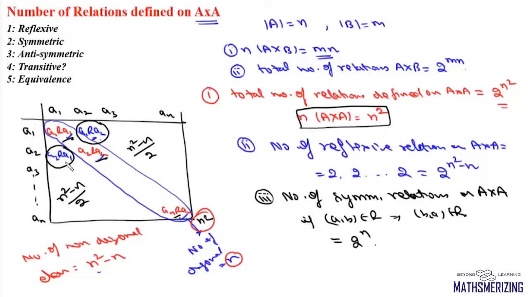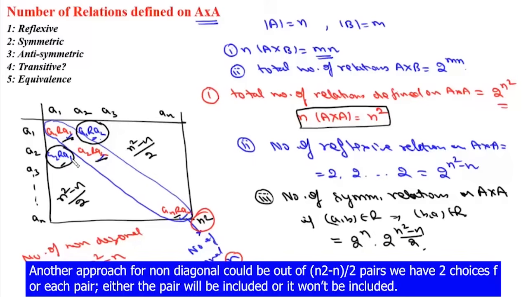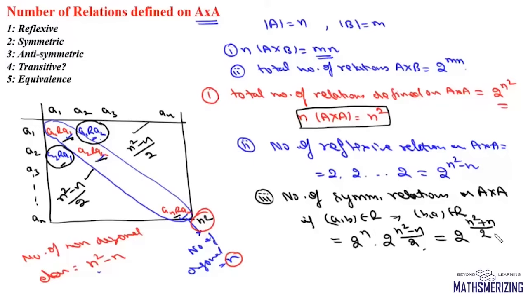Either we'll include it or we won't include it. So total number of choices for these elements will be 2 to the power of n square minus n by 2. Now once we have selected any element, then its symmetric element will be included. Combined with the diagonal choices, it will be 2 to the power of n square plus n by 2. So number of symmetric relations is 2 to the power of n square plus n divided by 2.